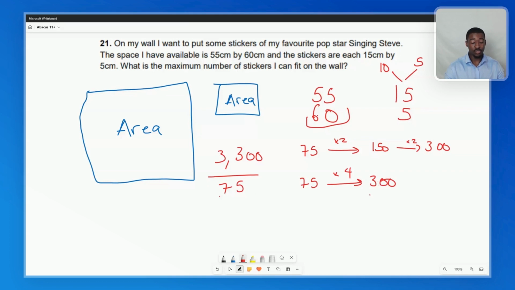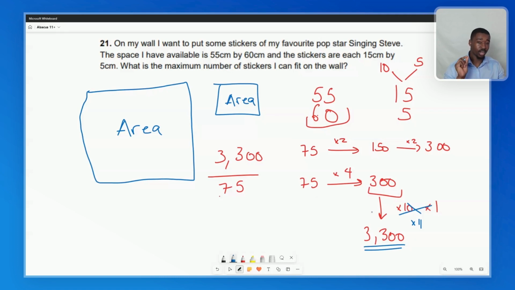Now, how many 300s go into 3,300? That's a bit more simple to do using our mental maths, right? Because 300 times 10 is going to be 3,000. But then to get to the extra 3,300, we need one more lot of 300. So overall, it's going to be 300 times 11. 300 times 11 gives us 3,300.